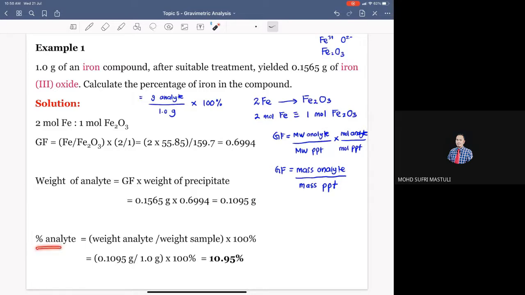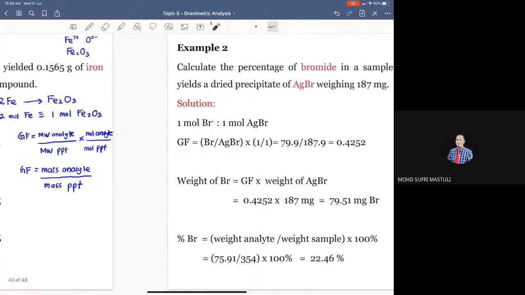So the mass of analyte over mass of sample times 100, and then you can obtain the percentage of iron in the compound. I hope you can understand how to answer this question. All right.